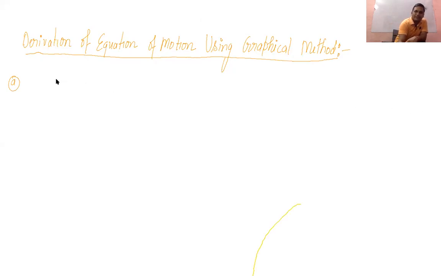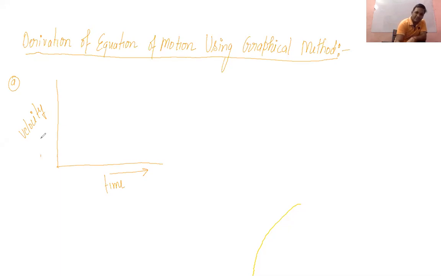Okay, let's come to the derivation. Suppose you have been given this graph, and the graph is all about velocity and time. Velocity is on the y-axis, and this is your time on the x-axis. Time is always written on the x-axis.